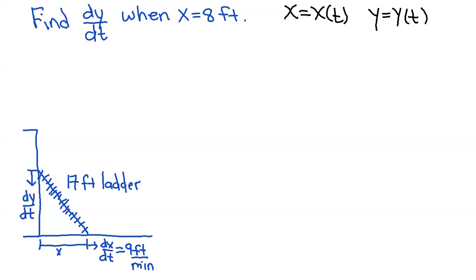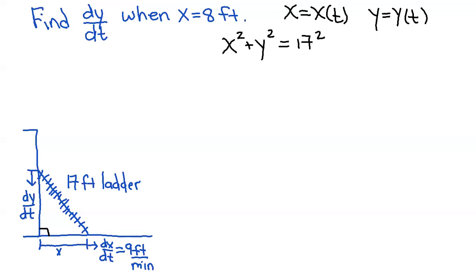Implicit differentiation implies we need to derive something, right? So what we have here is a right triangle. In the Pythagorean theorem, we would have x squared plus y squared equaling our ladder squared, right?